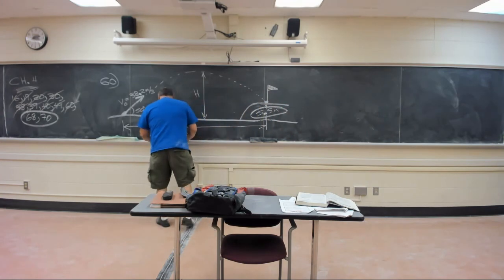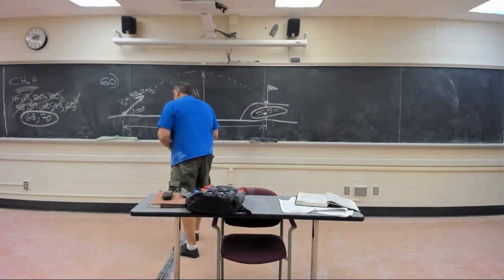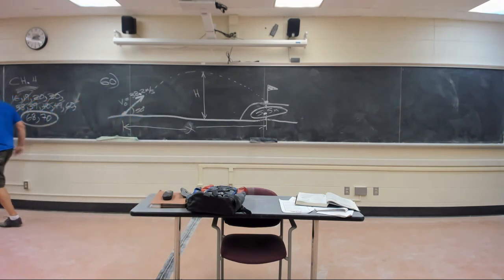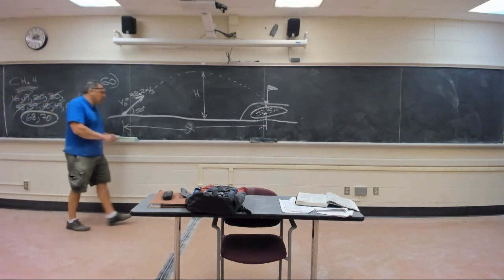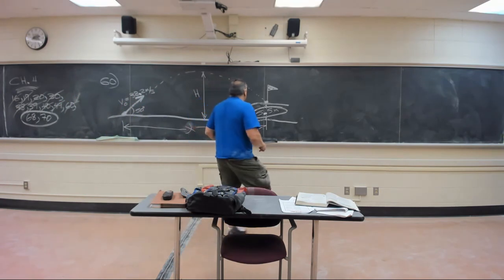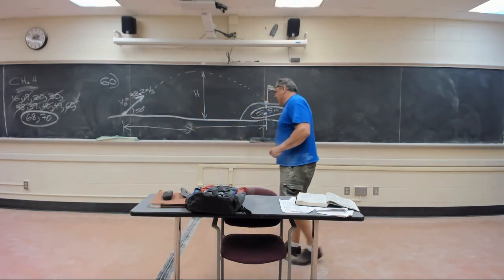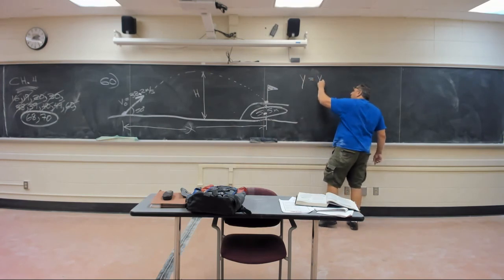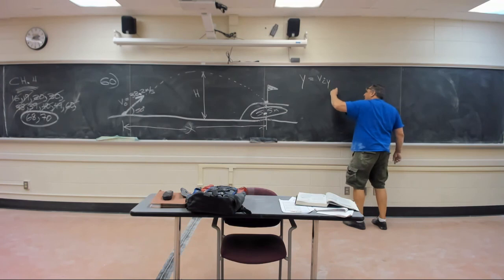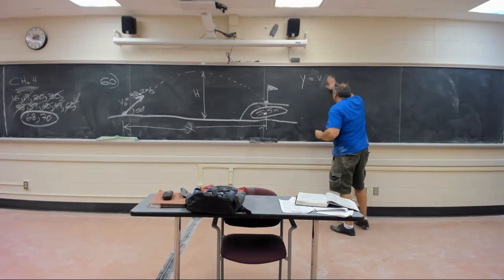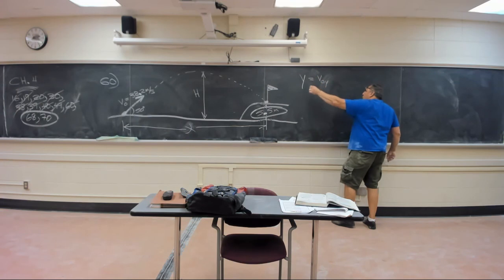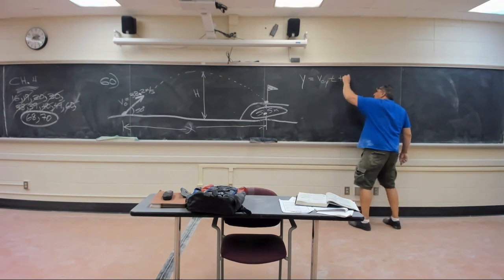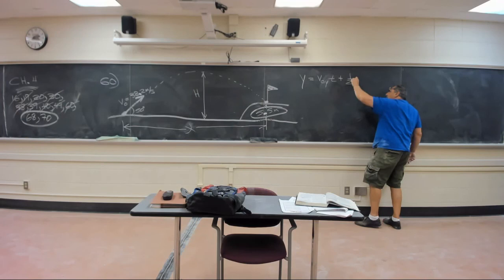So what we can do is, I've got an idea. Is it true that y equals v0y t plus 1/2 g t squared?